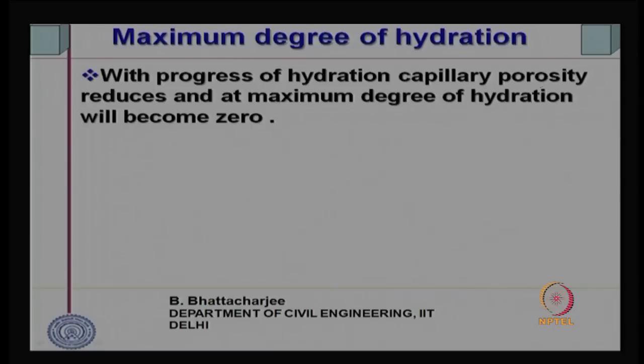So, the maximum degree of hydration is limited by the quantity of originally added water, or in other words by the water cement ratio. Let us see this. With progress of hydration, capillary porosity reduces, and the maximum degree of hydration will become limited if I do not have sufficient space.